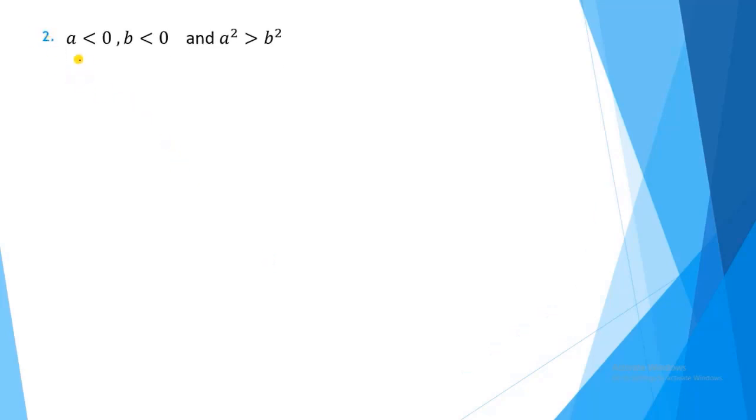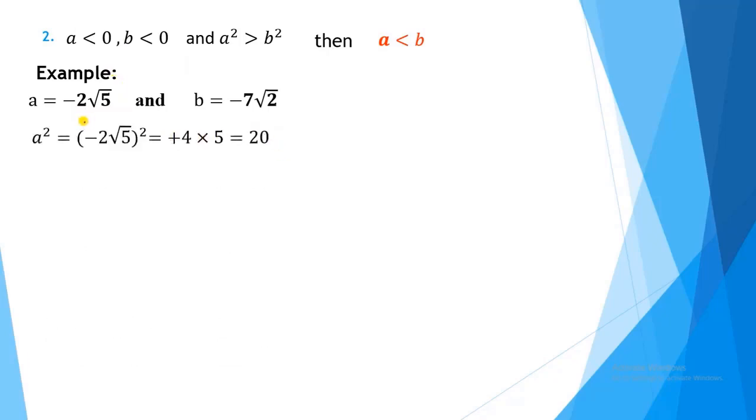If we have two negative numbers, A less than 0 and B less than 0, and A squared, the square of the first, is greater than B squared, the square of the second, then A will be less than B. If we have A equal minus 2 radical 5, a negative number, and B equal minus 7 radical 2, another negative number, according to this rule I will square A, then B. A squared equals (minus 2 radical 5) squared.